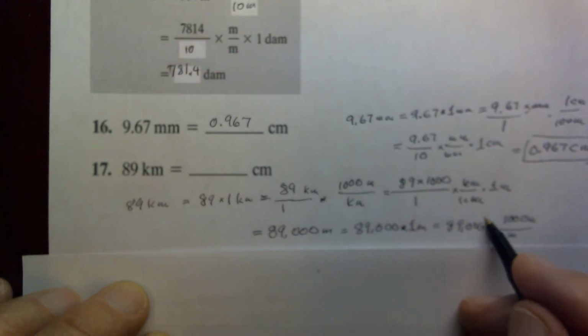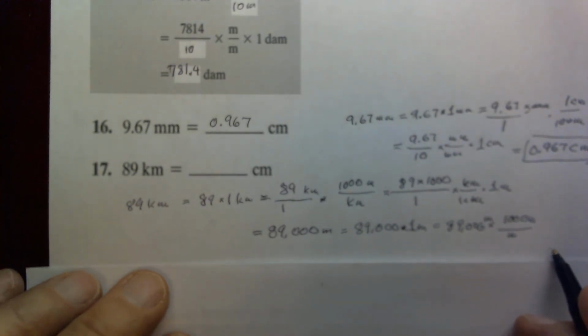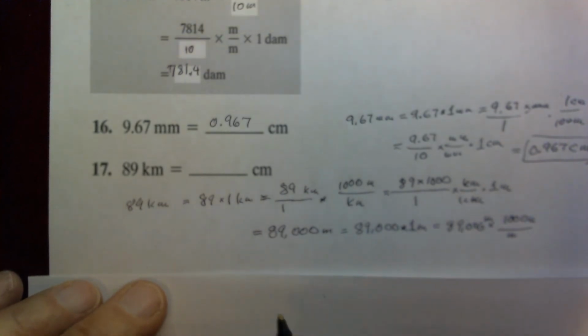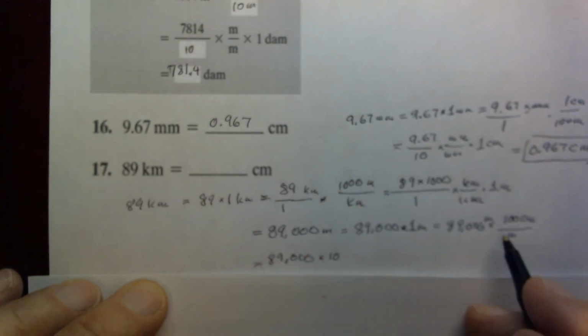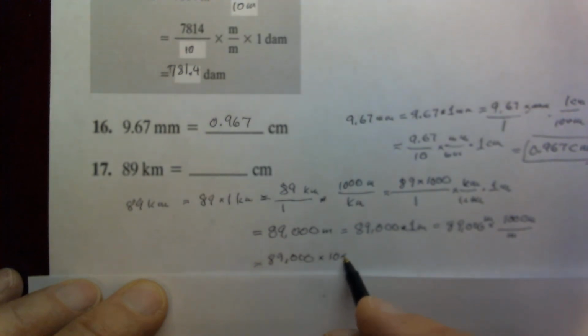So that then is equal to 89,000 times 100 times meter divided by meter times 1 centimeter.